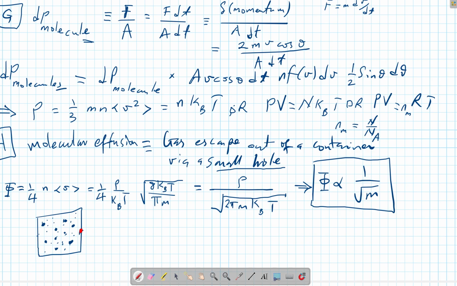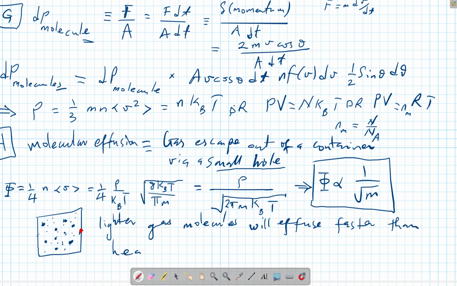Let's write that. Lighter gas molecules will effuse faster than heavier ones.